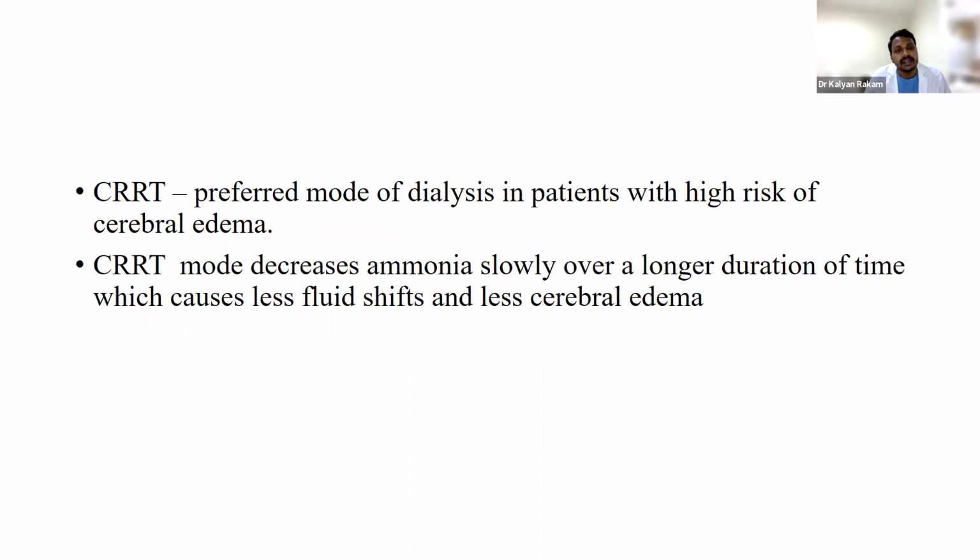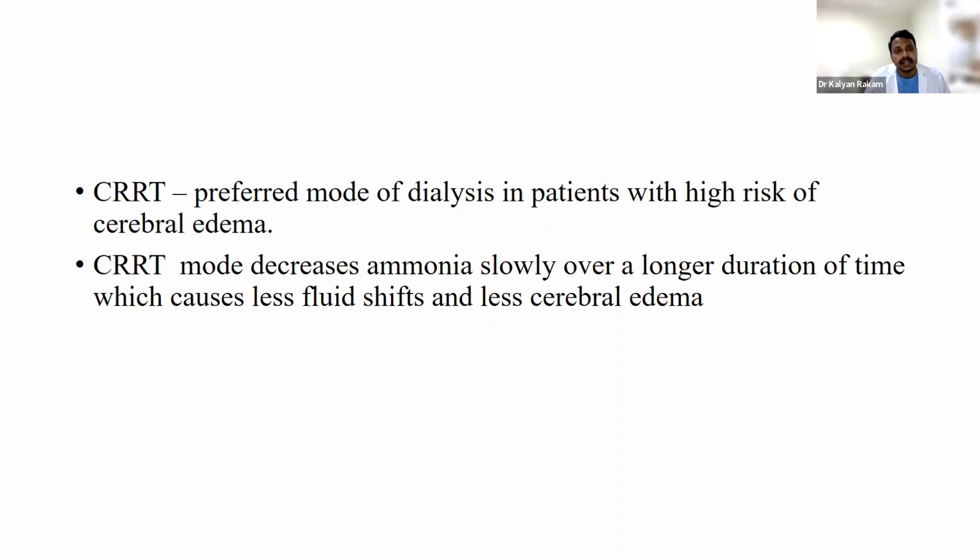And how do you treat AKI in a patient with acute liver failure? Continuous renal replacement therapy, CRRT, is the preferred mode of dialysis in patients with acute liver failure. Because acute liver failure patients have cerebral edema, any rapid or dynamic shifts in fluid can worsen the cerebral edema, leading to brain death.